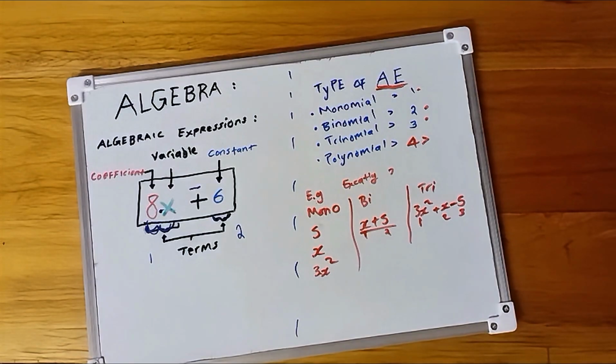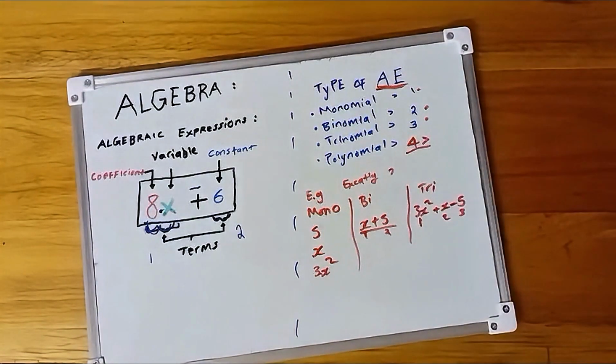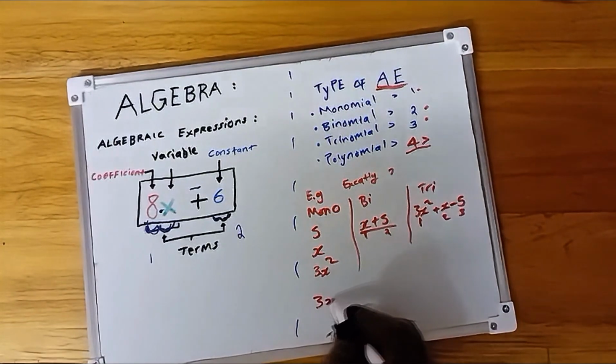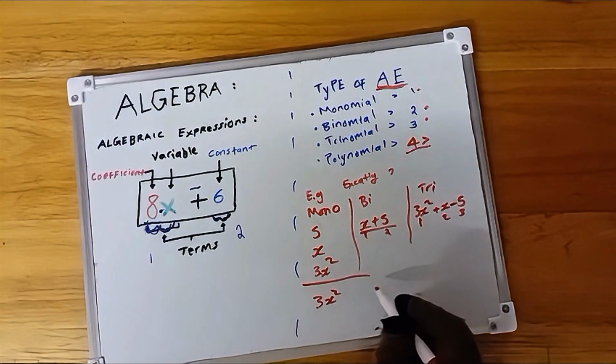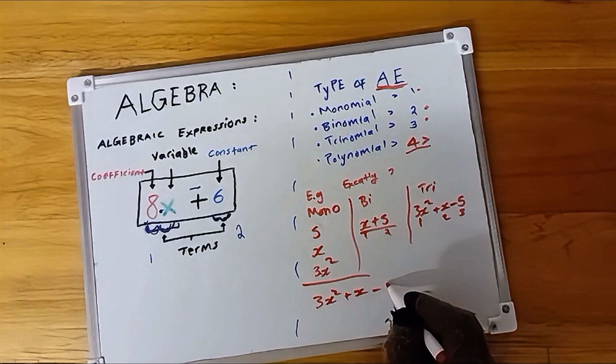Then moving to a polynomial. It's an algebraic expression consisting of four or more terms. So it can be built by adding to a trinomial. I'm just going to use the very same numbers.